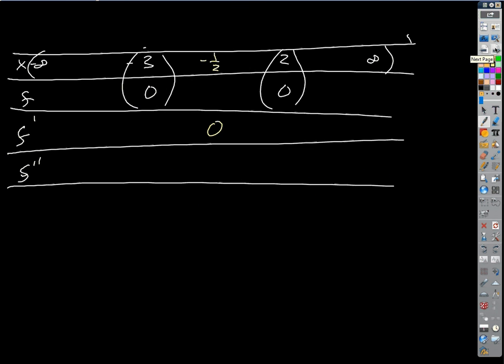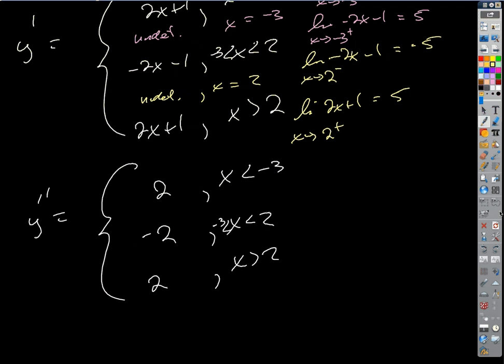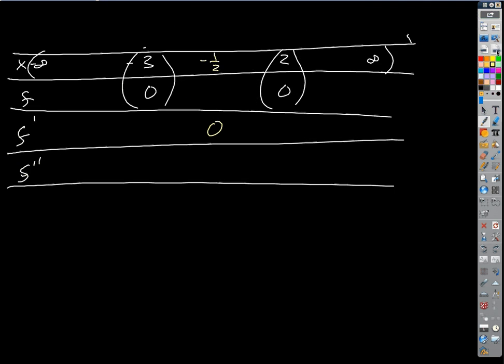We know that the second derivative was positive, negative, positive in our three parts of the piecewise function. So positive, negative, positive, right? And I probably should pick a test point, so we'll go with negative 5, negative 1/2, 5, or something like that.